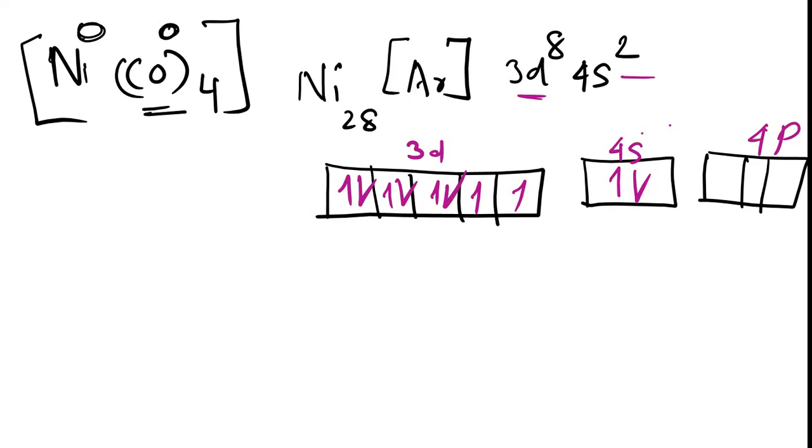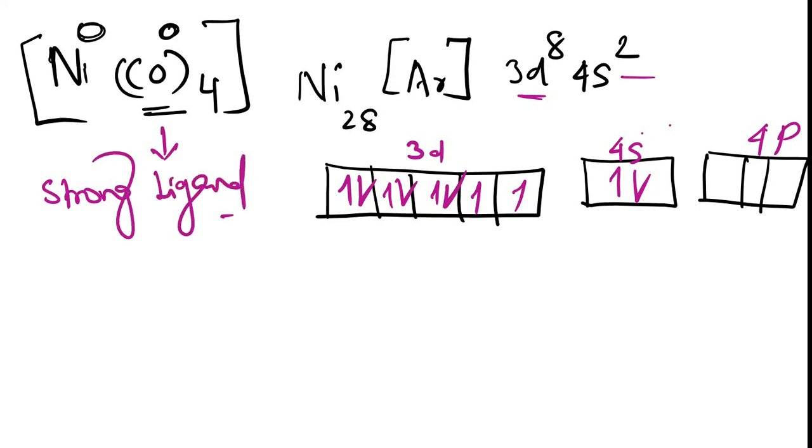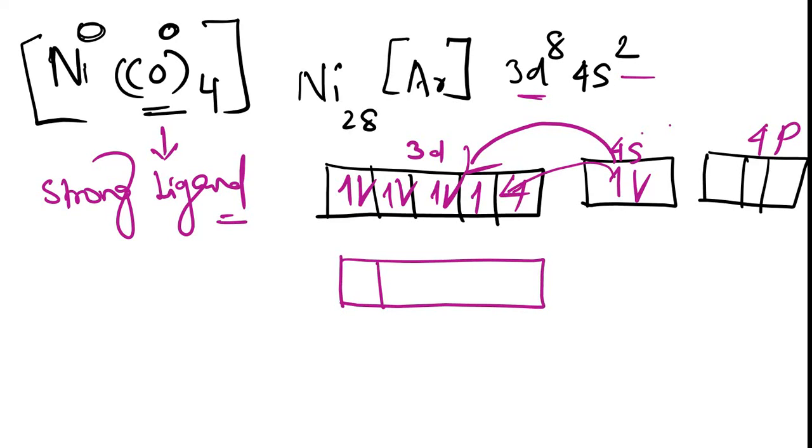Carbonyl group is a strong field ligand. Strong ligand means what does it do? It pushes the s electron to get paired in the d orbital. So the d orbital will be like this now, 1, 2, 3, 4, and here this is s orbital and this is p orbital.